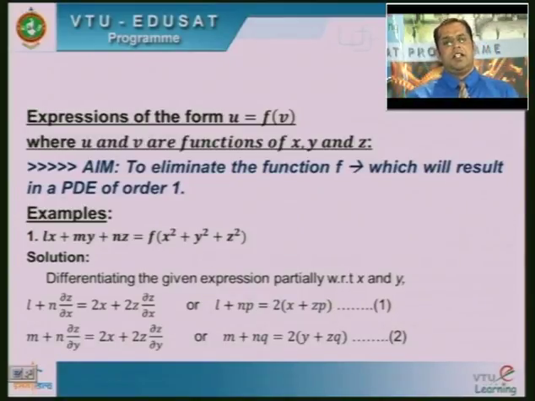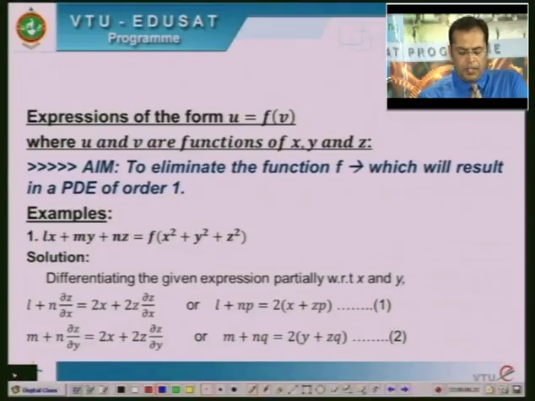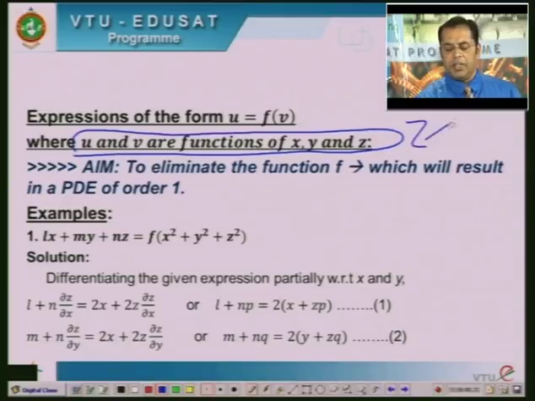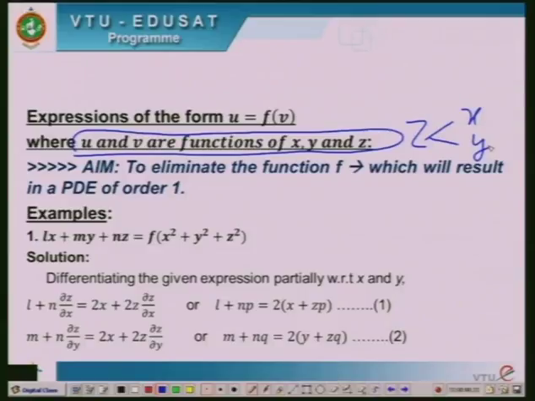First, a relation in the form u equal to f of v, where u and v are functions of x, y and z. Notice that even though u, v are functions of x, y, z, z is the dependent variable which depends on x and y.